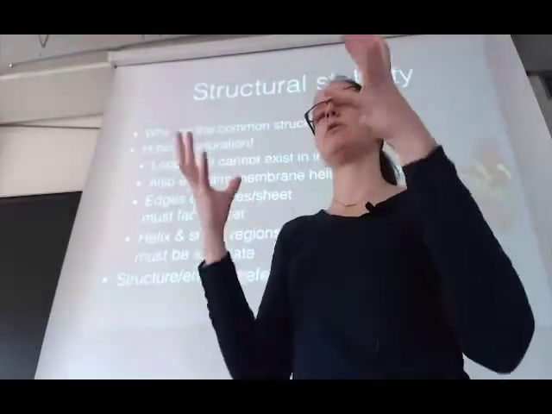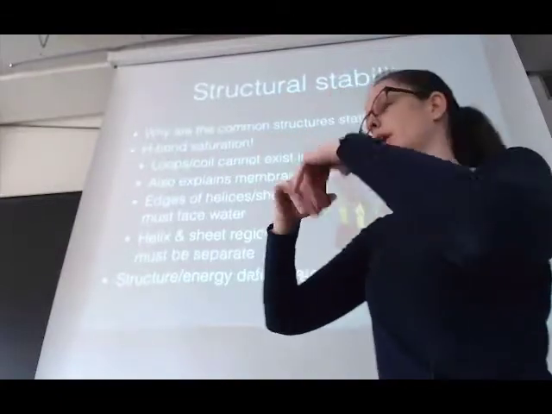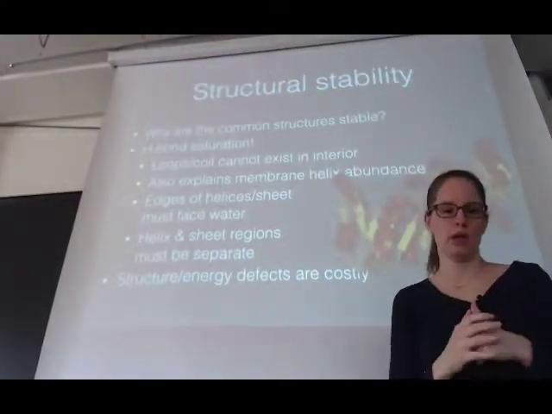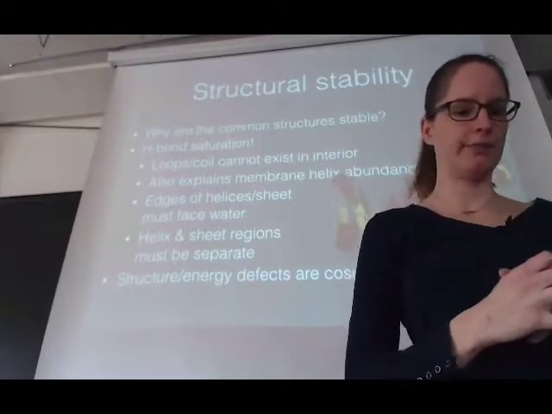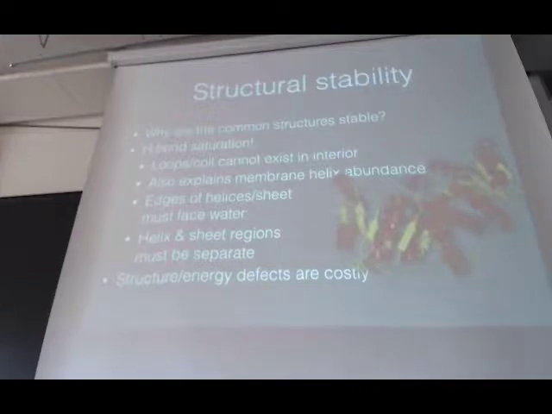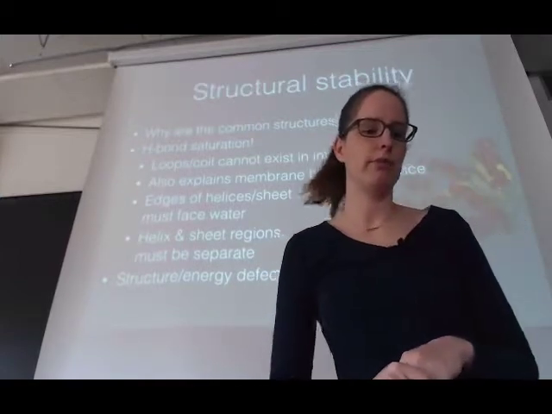So they need to be in solution, because water can come and create hydrogen bonds with the exposed backbone chains. And this also explains why membranes have a lot of helices. We talked about this already in the membrane protein lecture a while ago.